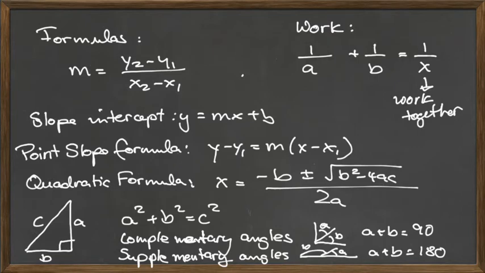I think 13 we already did. Let's take a look at 14 and on the review. 14: the measure of a smaller acute angle in a right triangle is 26 degrees less than the measure of the larger.